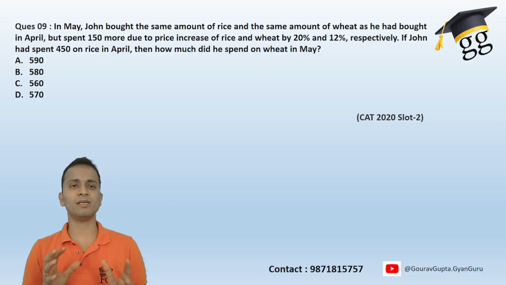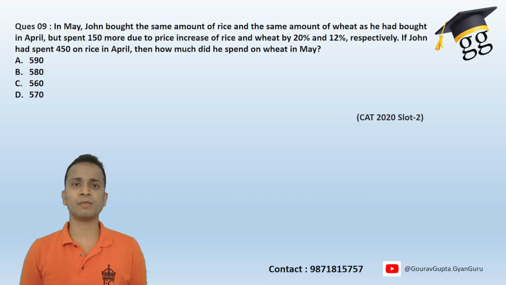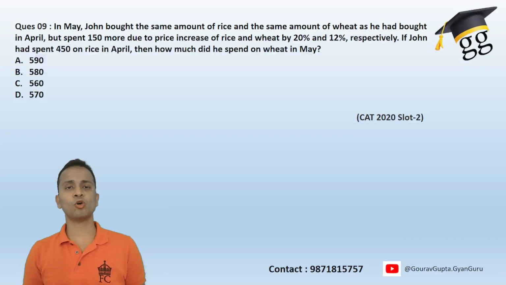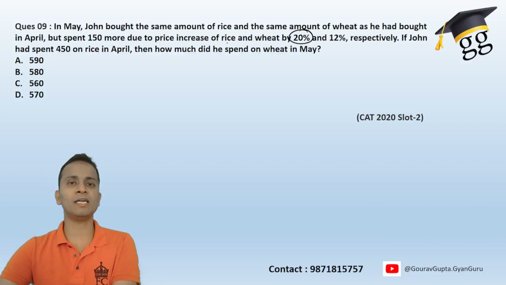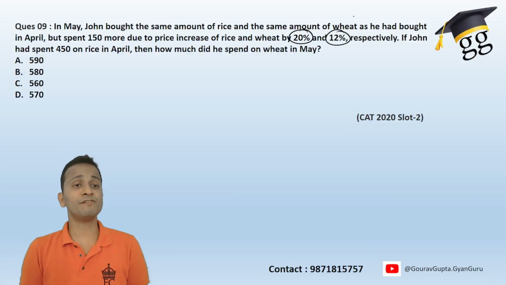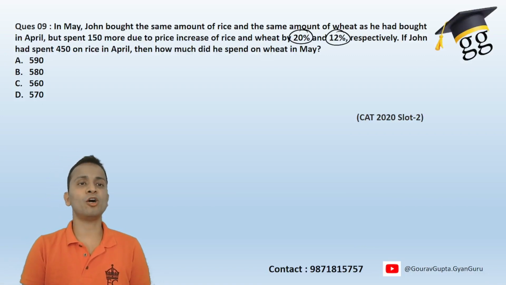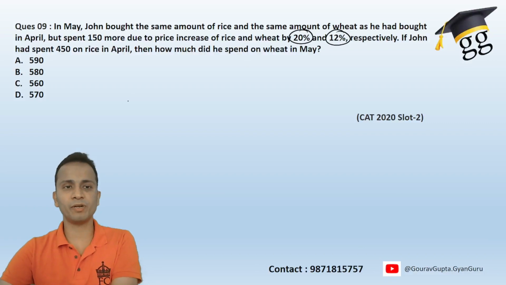So total money इसने 150 extra खर्च किया है. That is because of the price increase in the price of rice and wheat. So for rice, the price increase was by 20%, and for wheat, the increase in price was 12%. Right? John spent 450 on rice in April.